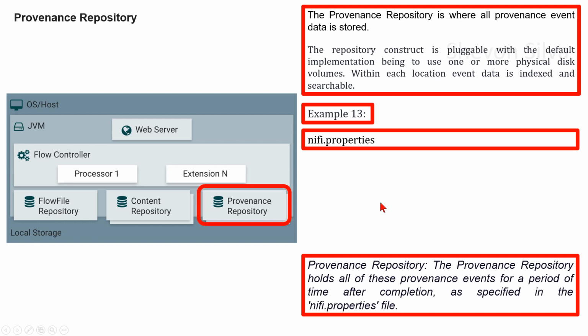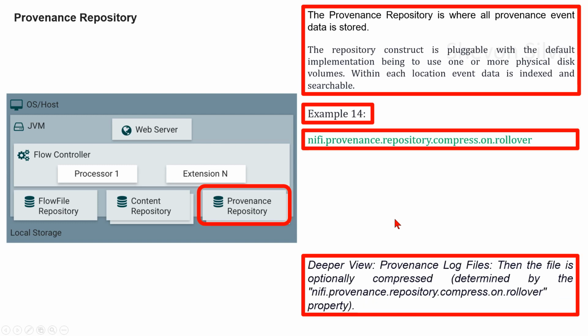Because the flow file attributes and pointer to the content are kept in the Provenance repository, the data flow manager is able not only to see the lineage or processing history of the piece of data, but is also able to later view the data itself and even replay the data from any point in the flow.